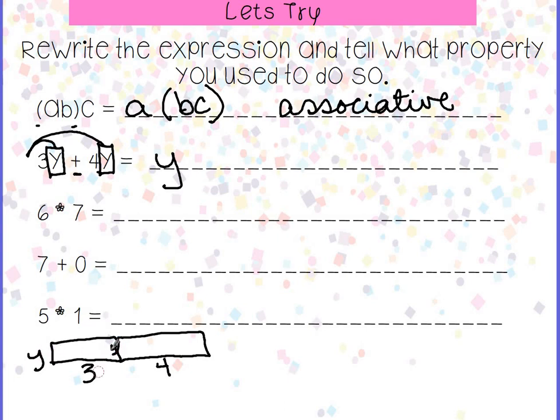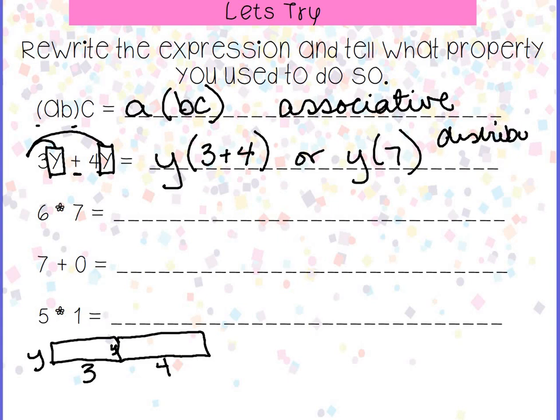So instead of doing y times 3 and y times 4, I can take it and say y times 3 plus 4. Or I can even take it one step further and say y times 7. Again, this is the distributive property.